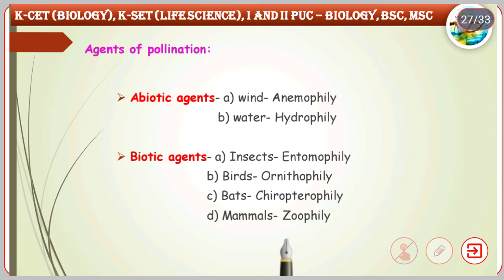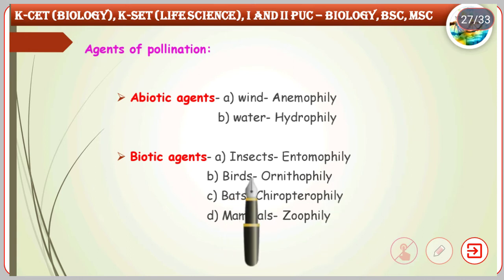Many are there. If the pollination takes place with the help of insects, then it is called entomophily. Listen carefully, it's so easy if you listen carefully. So biotic agents include insects, birds, bats, snails, mammals, everything.